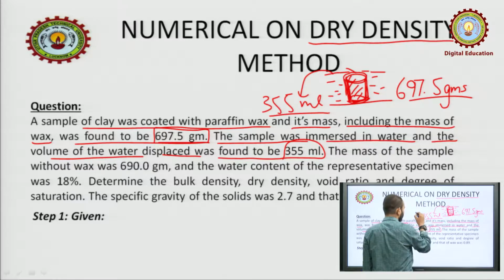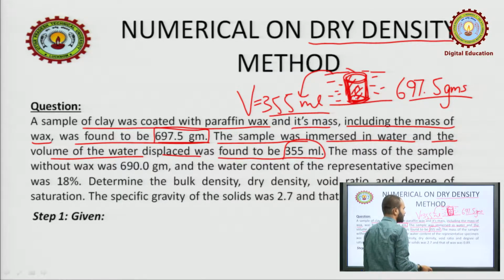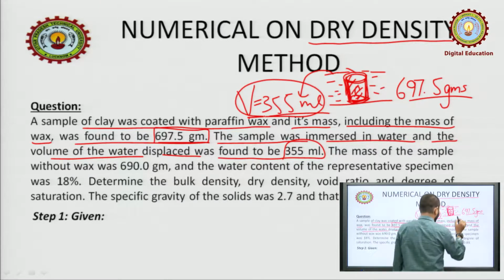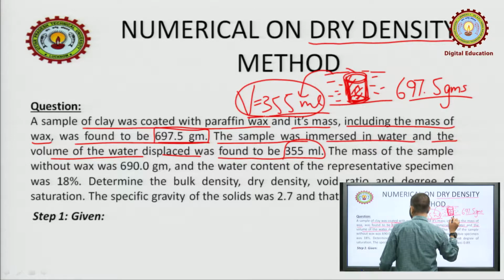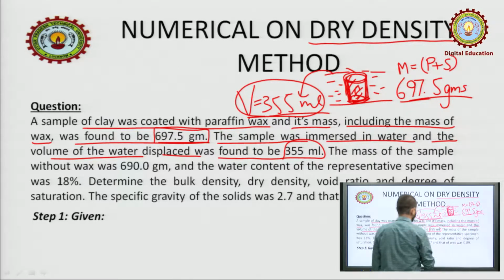This is the volume of the total mass, meaning soil plus paraffin wax. The total volume is this much. And this is your total mass, comprising the paraffin wax and the soil. So this is the total mass and this is the total volume.